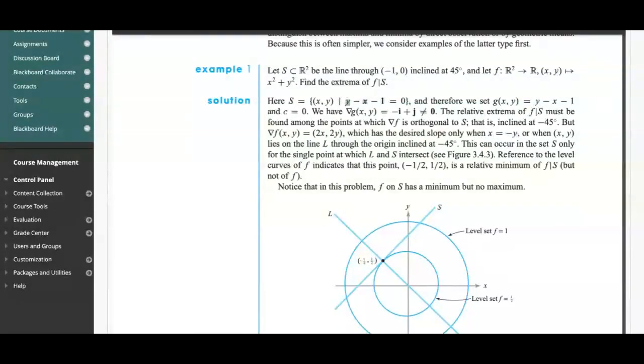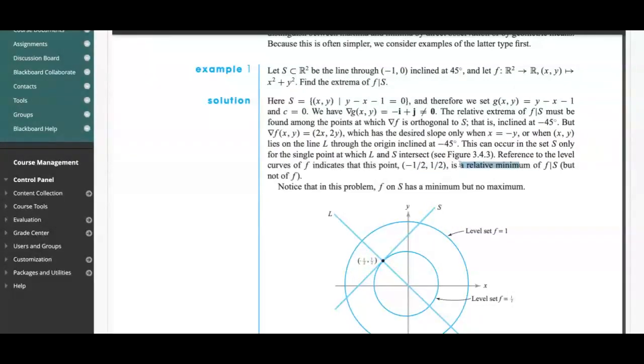So what do we get? -x equals y, so we have y plus y equals 1. So y equals half. Then because x equals -y, we get x equals -half. So we did find a critical point of f restricted to S, which is (-1/2, 1/2).